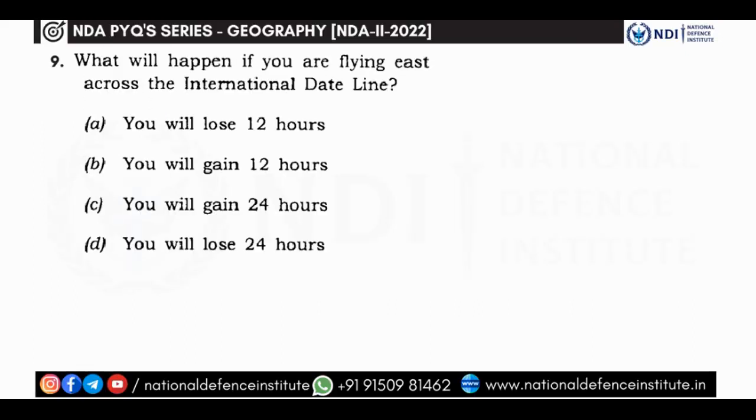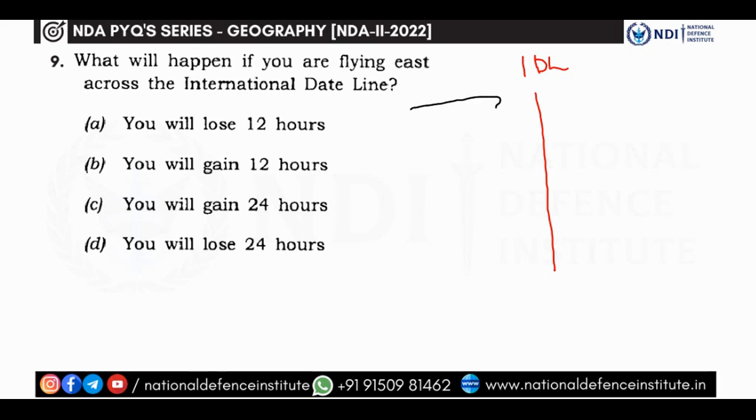What will happen if you are flying east across the international date line? So what is the international date line? For example, this is the international date line, going along the Bering Strait in the Pacific Ocean. When that is happening, all the Asian countries will be on your right side, and all the western countries will be on the western side.